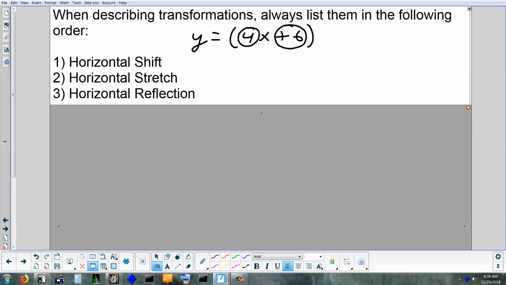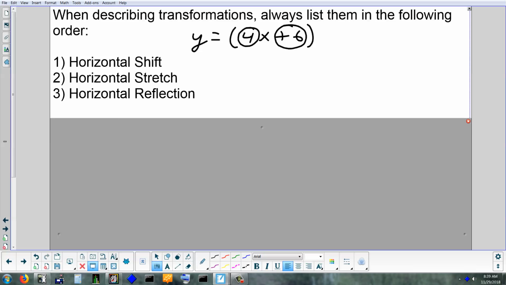The next thing you would do, if you have it, is a horizontal reflection. This one doesn't have a horizontal reflection. How do I know that? Any reflection has a little negative. There's no negatives in this whole thing. So there's no horizontal reflection. There's your horizontals.